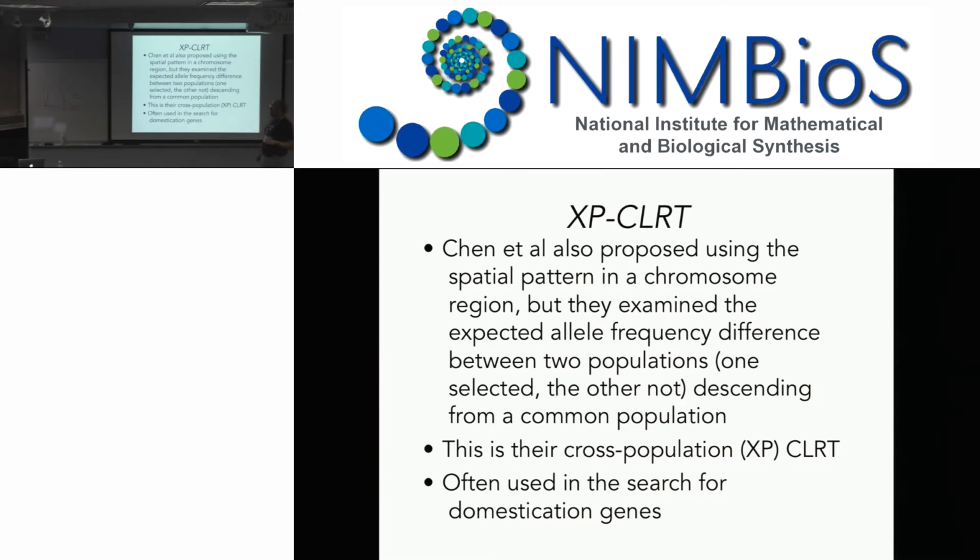The cross-population test was motivated by domestication. I've got teosinte here, I've got maize over there. What I then do is take a chromosomal region, but instead of looking at polymorphism in the maize population, which these other tests would do, I look at that region in teosinte, that region in maize, and I look at allele frequency differences across those and see how that curve varies.